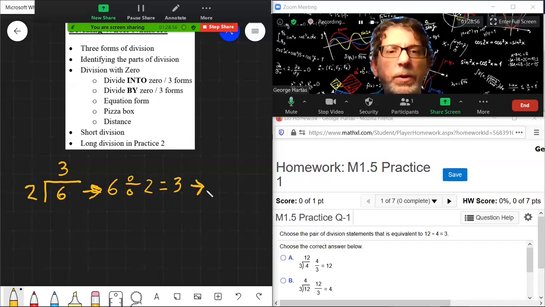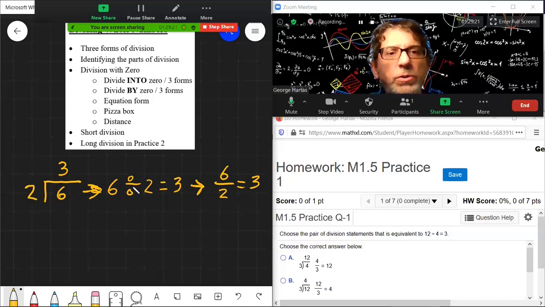And there's a third format. And the third format is this way. 6 divided by 2. It's in fraction format. 6 divided by 2 is 3. So these are 3 different ways to represent division.